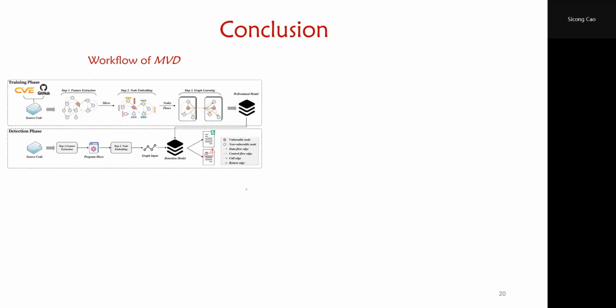Okay, this is all of our work. Let me make a conclusion. In this paper, we propose MVD to detect memory-related vulnerability statements that are related to sensitive operations. MVD employs a new graph neural network-based approach that leverages the flow-sensitive graph neural network to jointly embed both unstructured information and structured information for preserving type-level program semantics to learn implicit vulnerability patterns.